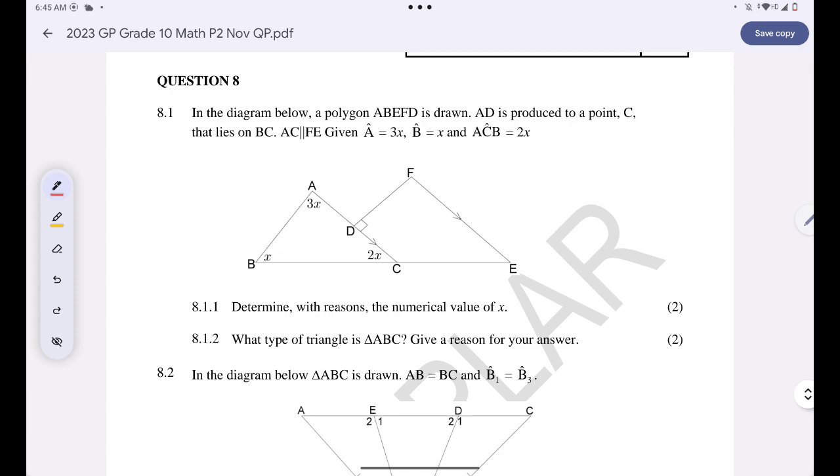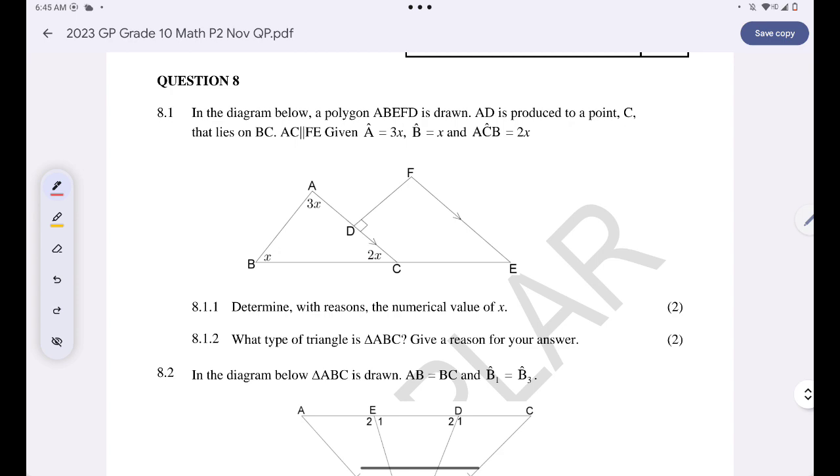I'm told that AD is produced to point C that lies on BC. I'm also told that I have parallel lines there, and I've been given the angles of triangle ABC. I'm asked to determine the numerical value of x.